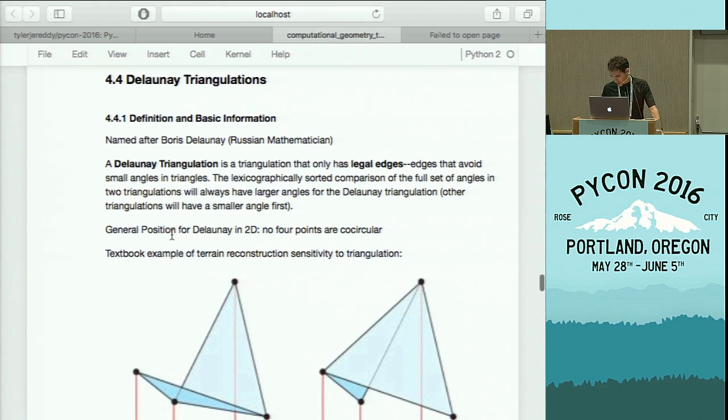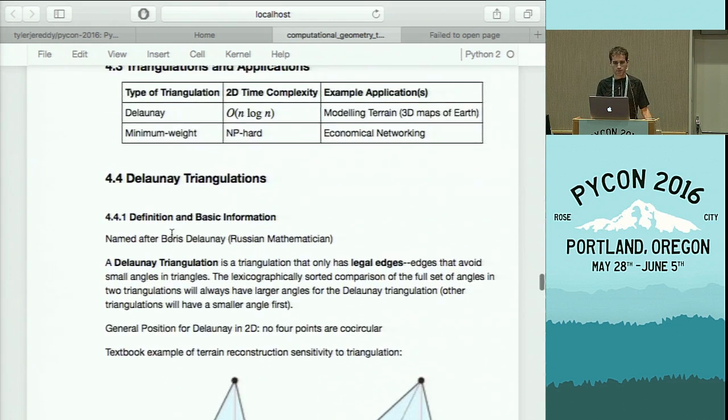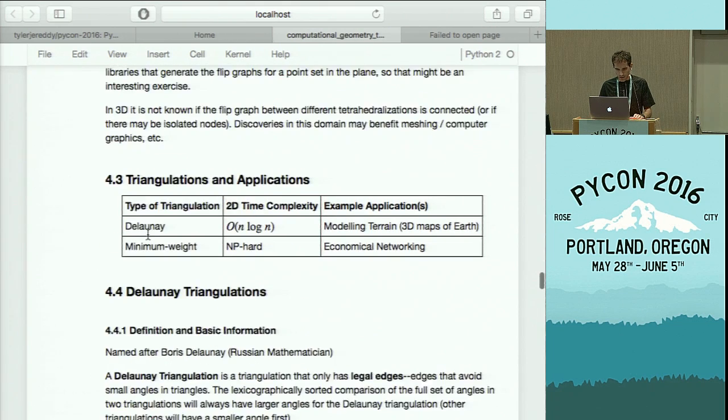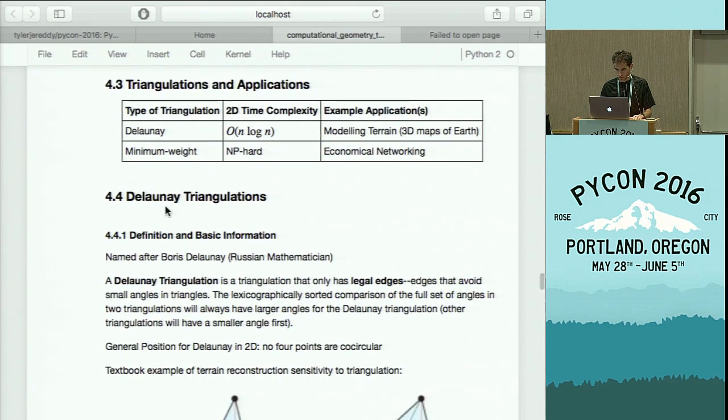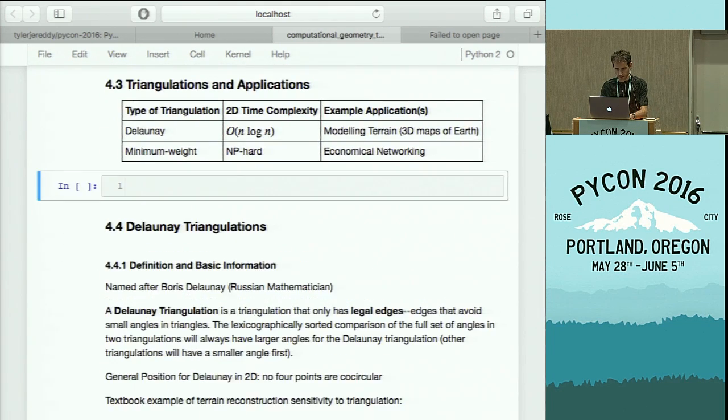In a really crude sense, you can define the Delaunay triangulation as the fattest possible triangulation. So it tends to avoid small angles. If you were to lexicographically sort, I'll go above here. Let's say we have triangulation 1.